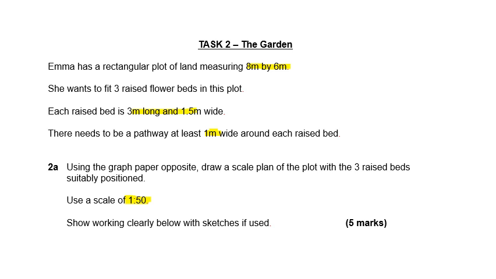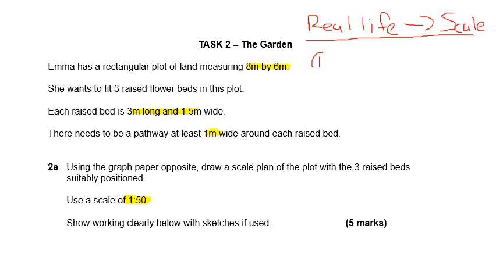That is essentially what we do in a real life scale question: we make everything smaller by dividing by the scale. Now, as you'll see from our notes previously, there's essentially 2 steps to doing this. The first step is to convert everything into centimeters.